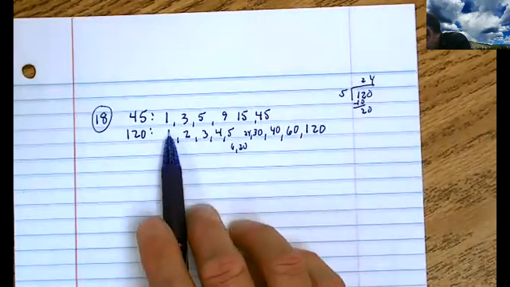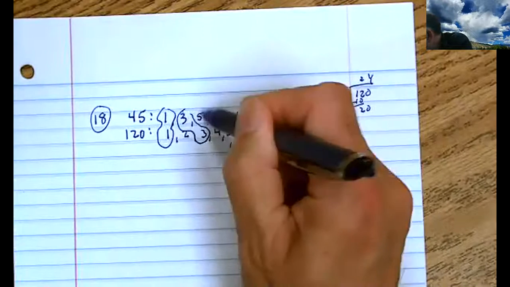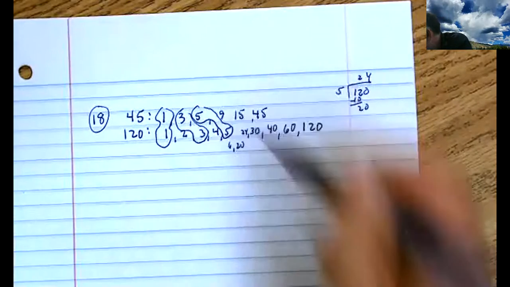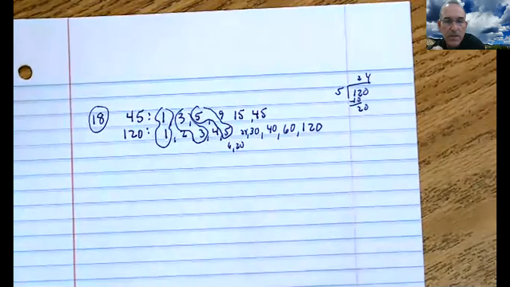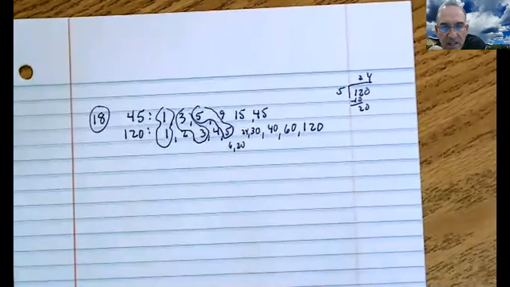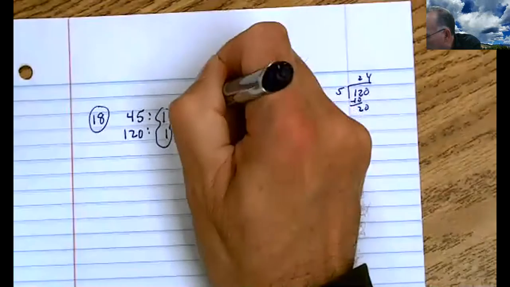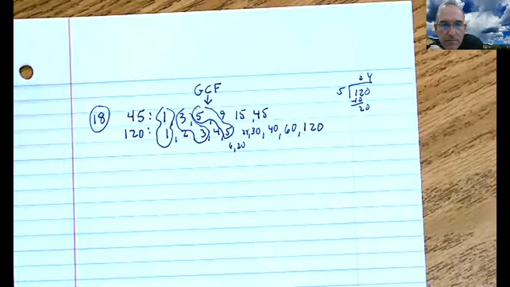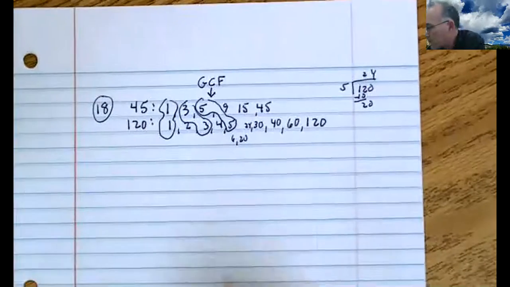Here's a 1, here's a 3, here's a 5. Do we see any other common factors? It appears that the GCF is the 5, correct?